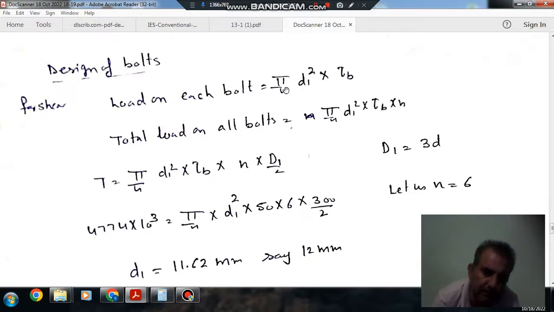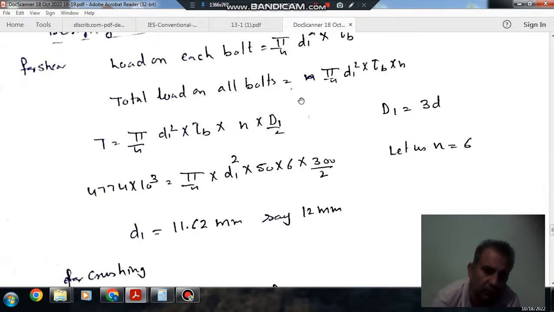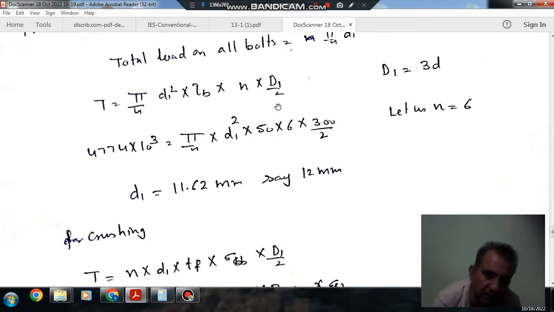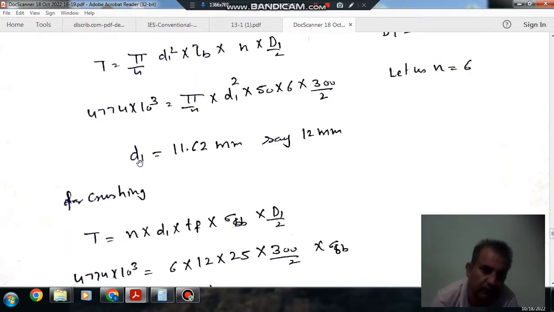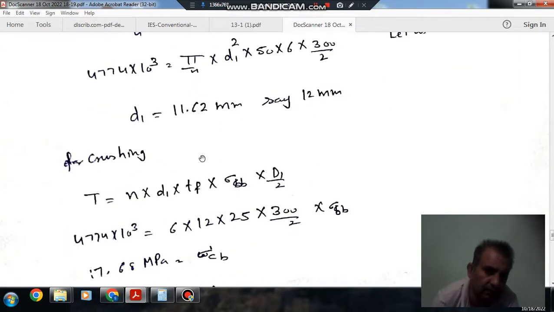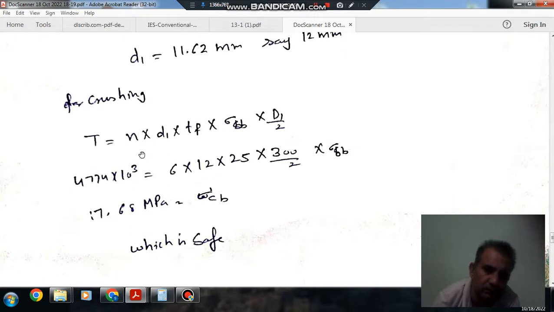If we multiply by shear stress, then it is the load on the bolt, and if we multiply by n, the number of bolts, then it will be the total load on the bolts. If we multiply by d1 by 2, that is the pitch circle radius of the bolt, which is 3d, then we can find out d1.